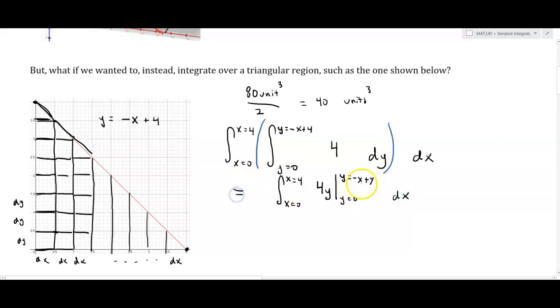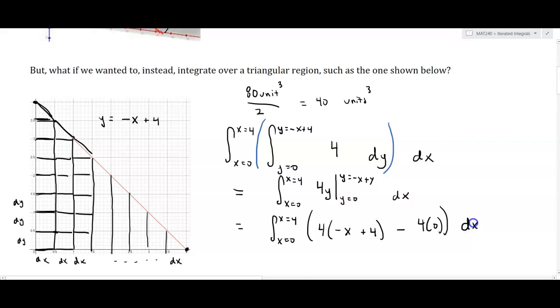Now, always I'm focused on what's on the inside, so now I'm going to replace y with -x plus 4. So I'll have the integral from x equals 0 to x equals 4 of 4 times y, so -x plus 4, minus 4 times my lower bound, which is 0.